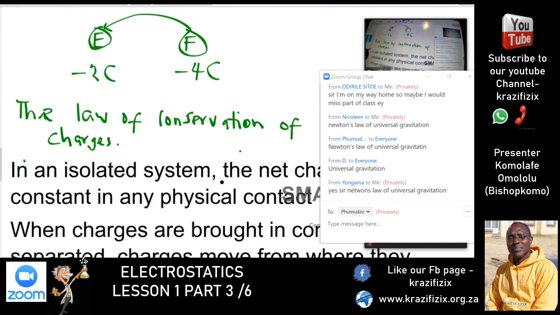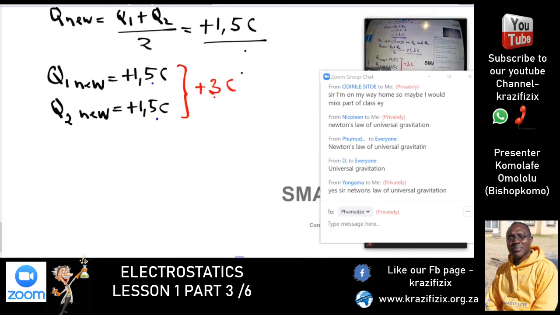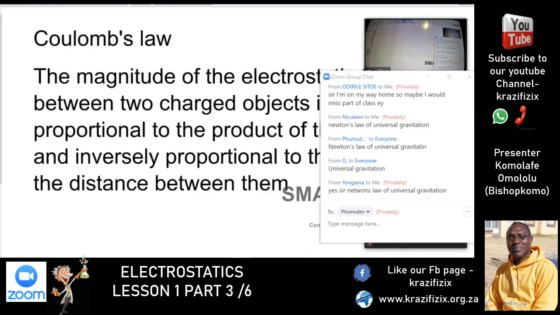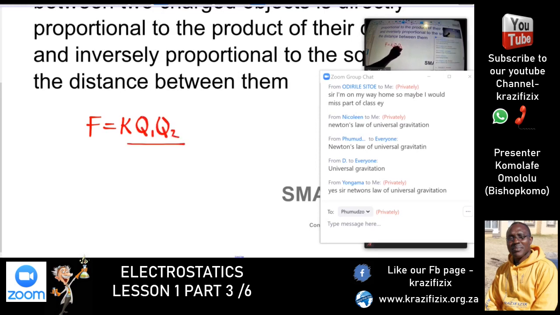We need 2 more lessons to get this whole thing sorted. Guys, when I teach, it's quite slow, but after this, you wouldn't need any other reading. It will stay with you. So what's my formula? F equals K Q1 Q2 over R squared.